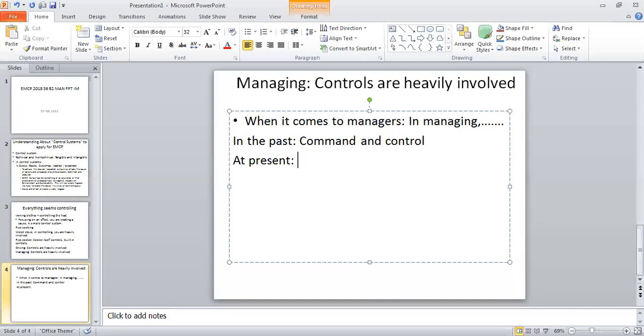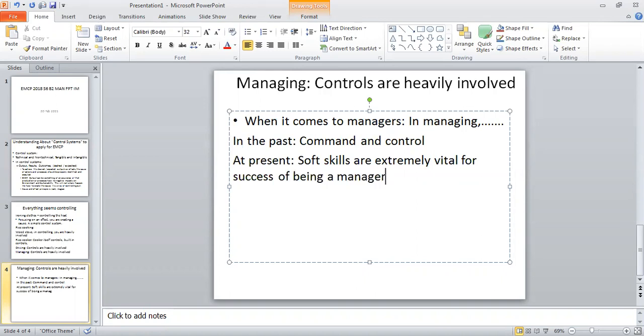at present we would say, of course there are controls, but soft skills are extremely vital. Okay, extremely vital for the success of being a manager. Yes, soft skills are extremely vital.